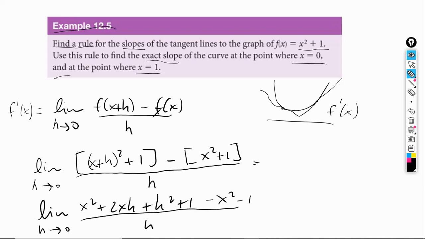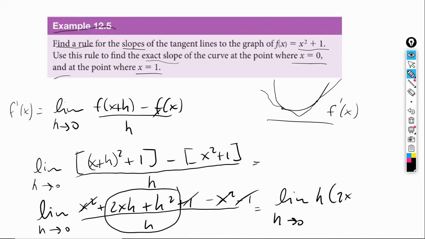Now notice that x squared minus x squared is 0, 1 minus 1 is 0, so we're left with only this, okay? And we can simplify this then, because we can factor out the h. So that means the limit as h approaches 0 of h times 2x plus h, over h.